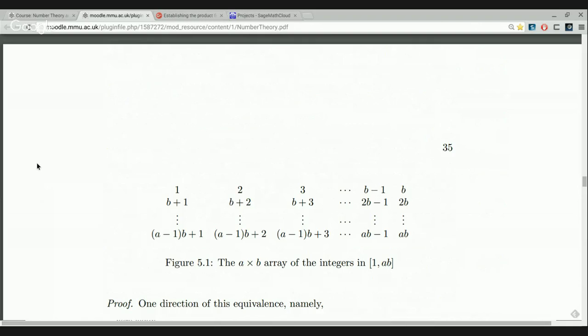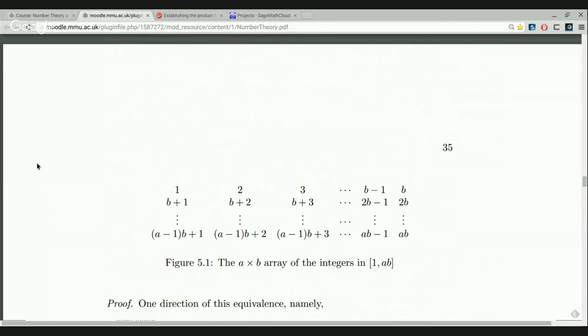So we lay it out in a rectangular grid of A rows and B columns. The columns are indexed 1, 2, 3, up to B. So there's B different columns. And the rows you can think of as indexed by the multiples of B. You've got 0 times B in the first row, 1 times B, 2 times B, 3 times B, and you end with A minus 1 times B. So we're indexing the rows from 0 to A minus 1.